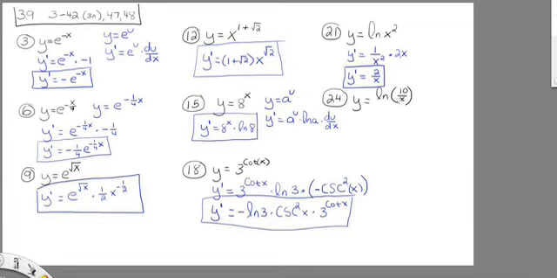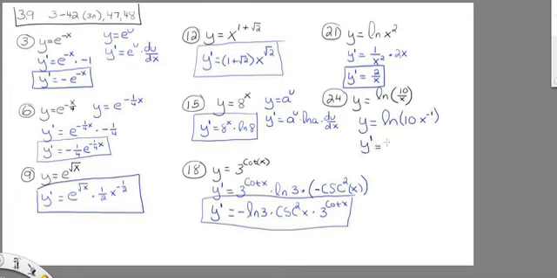So 10 over x, I think it'd be easier to do as the natural log of 10x to the negative 1. I think that would be easier to solve so that I don't have to do a quotient rule. Possibly we might run into some problems, but let's just see where it takes us.